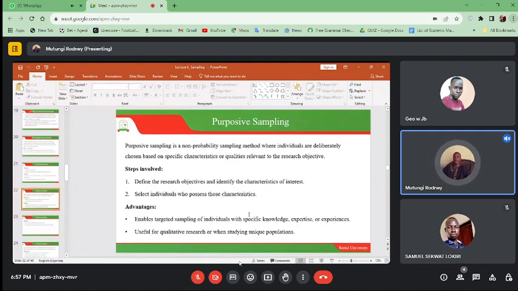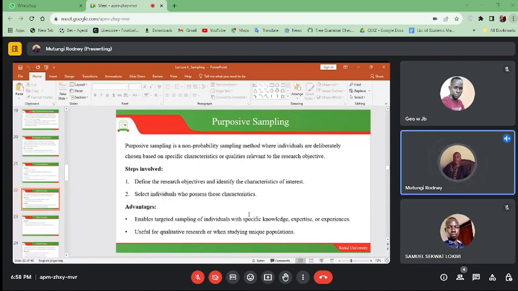You need to get data about agriculture, what foods people are eating. So there are those people that you need for your study, okay? There are those people that are called key informants in this case, okay? Those agricultural officers, for example, in that area that you are going to study or you are going to put your program, those nutritionists, okay, are the people that must be in this study, okay? So you have to purposively select them, okay?